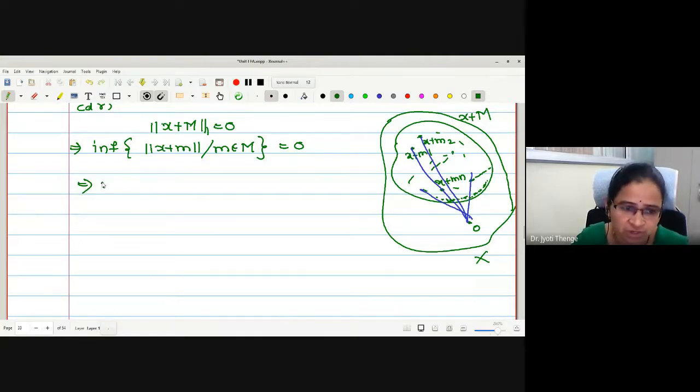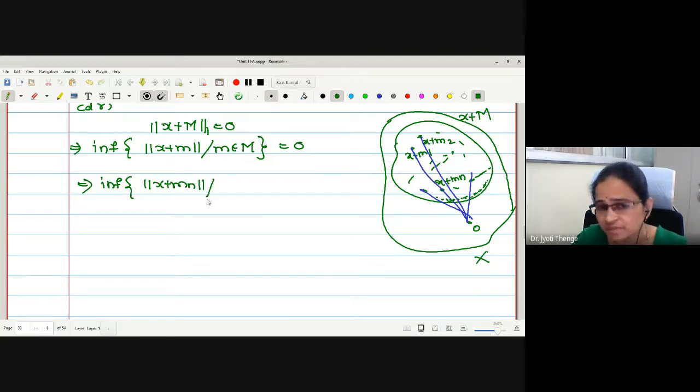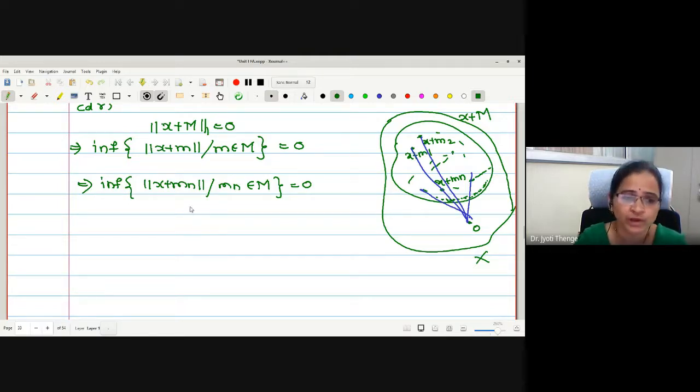Therefore, let me rewrite this as there are few elements x plus mn. Not all are giving us 0 value, right? Therefore, few elements we were guessing which are giving us the infimum value to be 0. Why I have written mn instead of m? Just to identify those elements which are giving me the norm value tending towards 0, so that my infimum can go to 0.